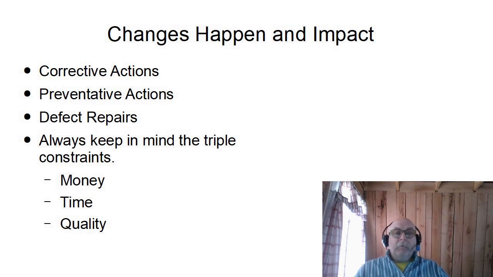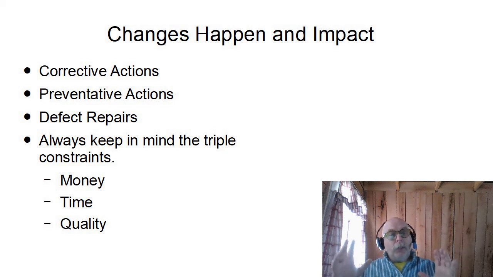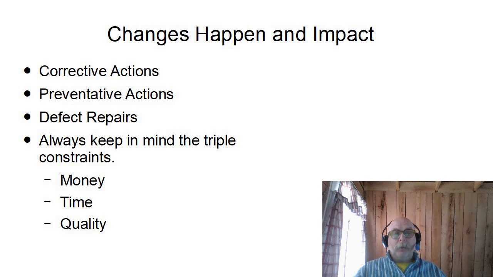Less money, more time. Less time, more money. Less time, no more money, we're going to lose quality, aren't we? So, whatever we push on in the triangle, it's going to affect the other two legs of the triangle to keep things in a steady state. So, always remember the triple constraints of money, time, and quality when you're looking at a change order.